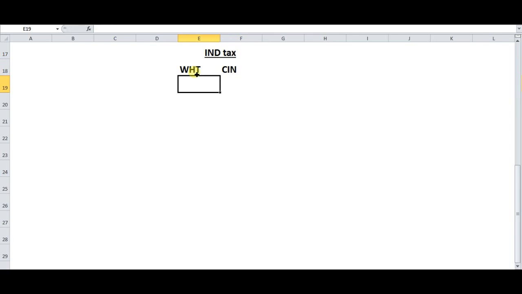Going further, first of all, you have to know what the taxes and tax types in India are.